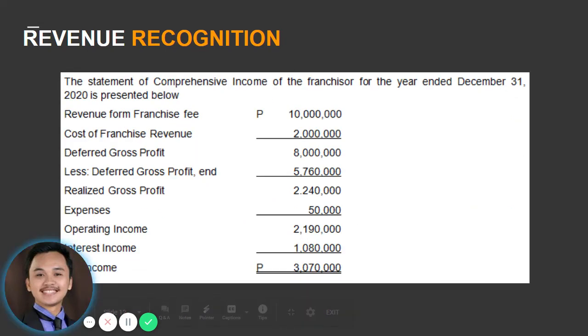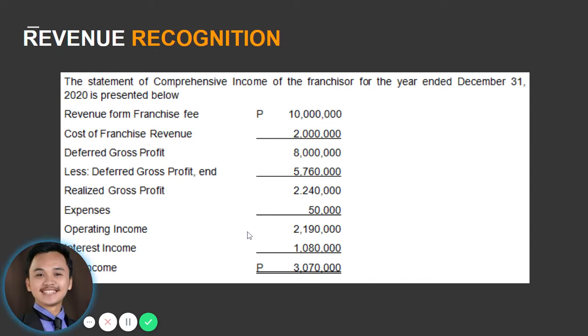Okay? We have total income. So we can go directly here with the realized gross profit, guys, which is 2,240,000. Since we already computed our realized gross profit of 2,240,000 earlier, less expenses only. This is from our indirect franchise cost of 50,000.